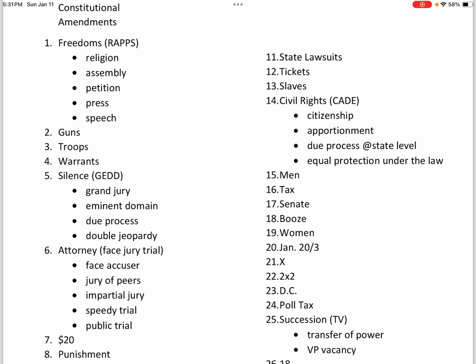Number 16. This is an interesting one that we just do a shortcut called tax, but you should understand that this came out of the Progressive era, the rise of the People's Party or the Progressive Party around 1912. They wanted to have a graduated federal income tax.